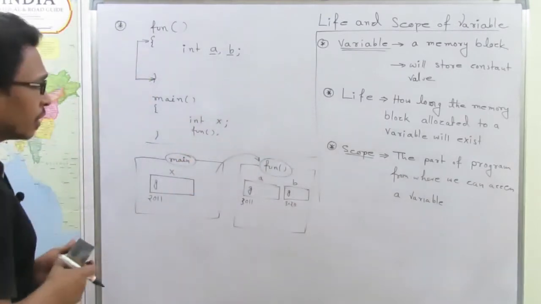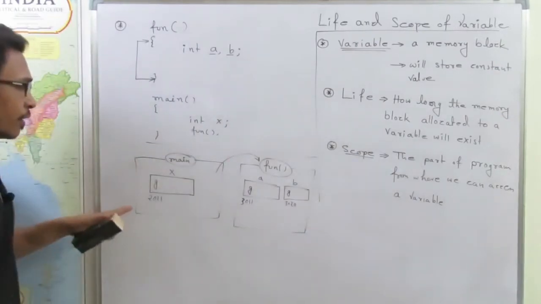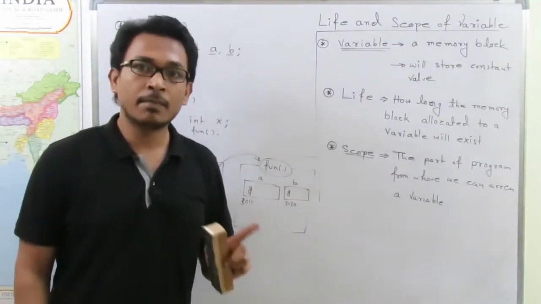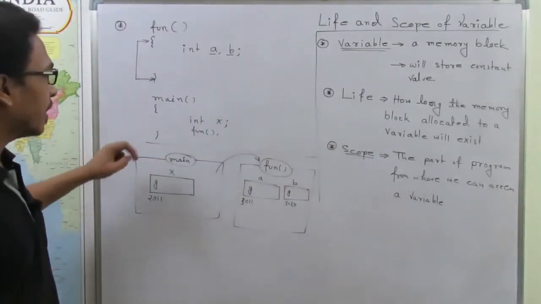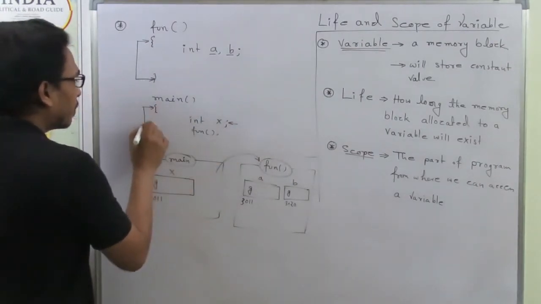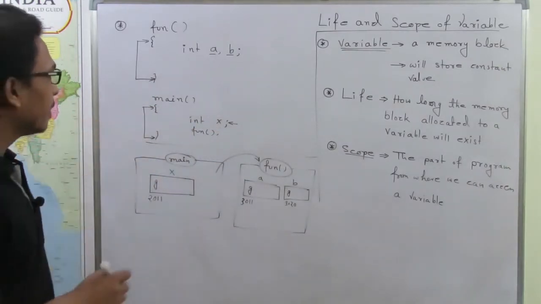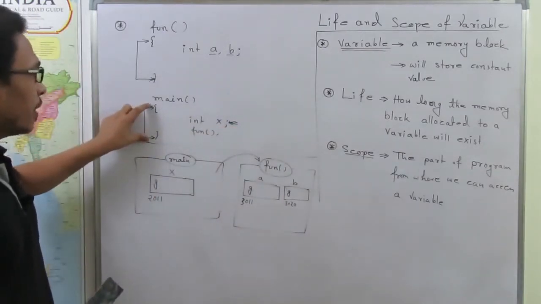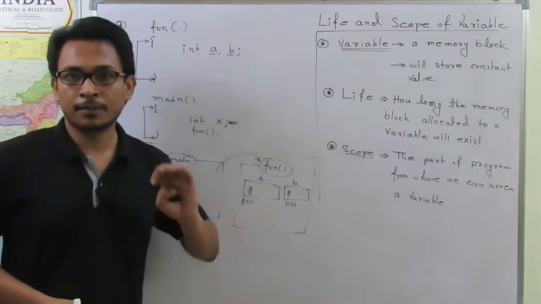Now look, when we are in the fun function, the memory for the main function also exists. But inside the main function, a variable is declared. That variable is called x, and it is declared within this particular block. That means we can access the variable x only from inside this block. Outside this block, the integer x is not accessible. Clear?